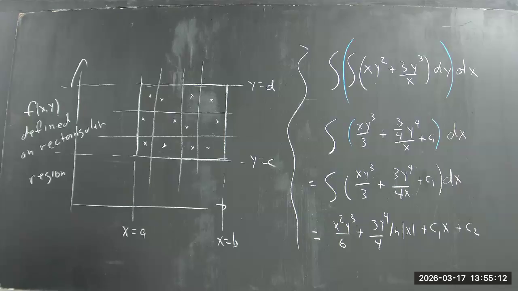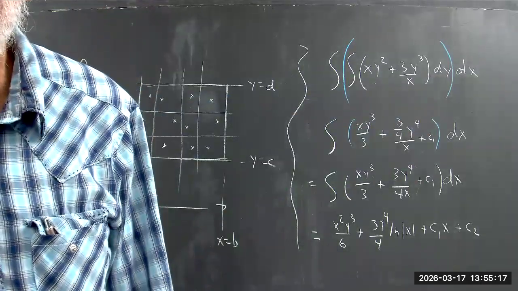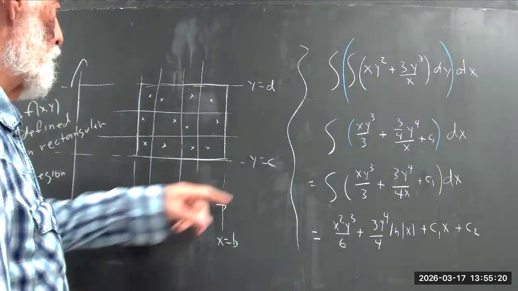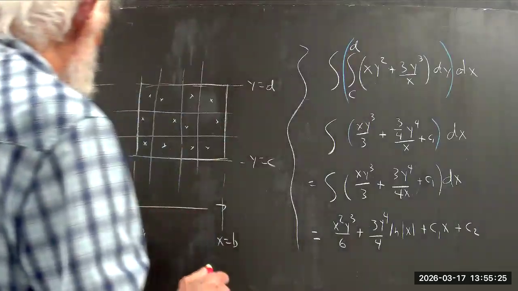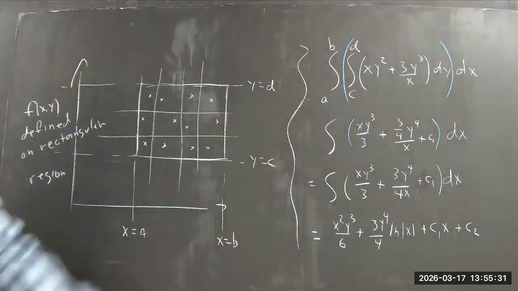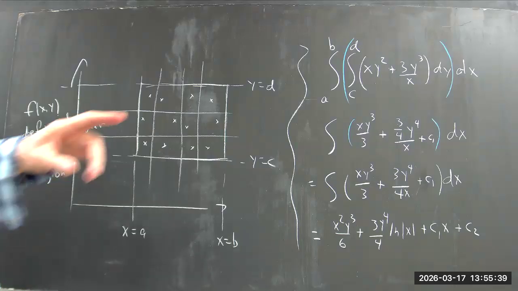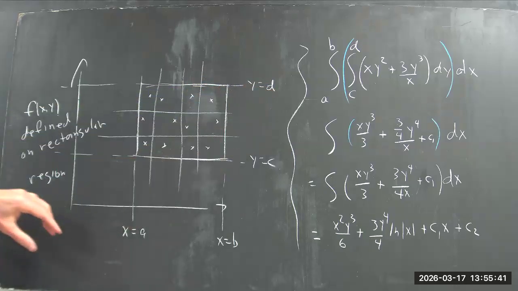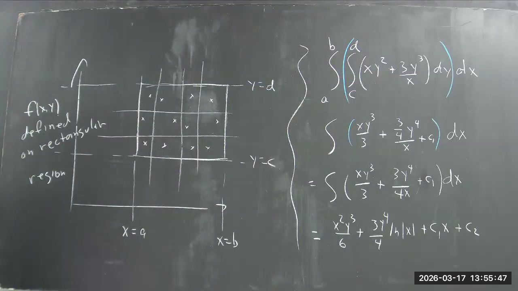If this was your function f of x, y, y would go from C to D, x would go from A to B. There's the interval. It would give you the exact volume of that function, if that's your f of x, y function, on this rectangle.